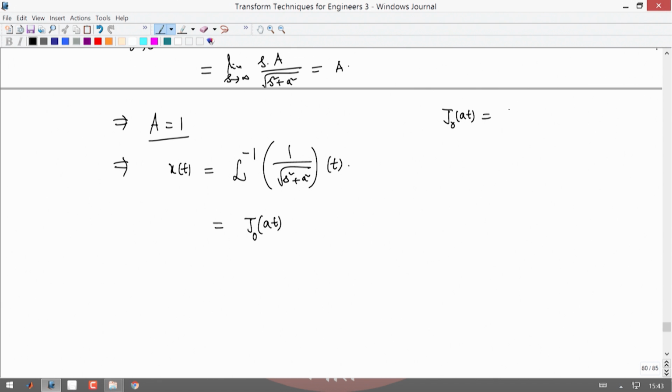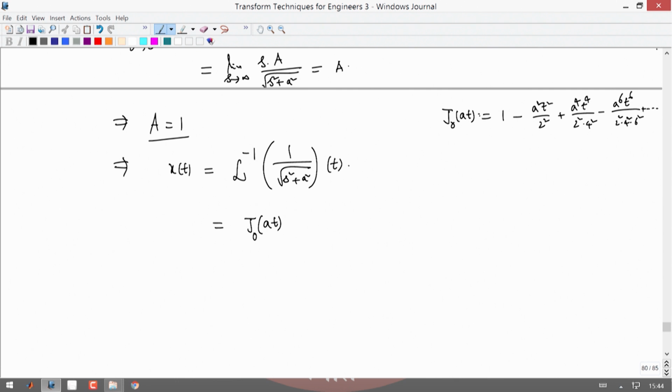J0 of at is a Bessel function whose Laplace transform we can calculate. The actual definition of J0 of at is a series expansion: 1 minus a square t square by 2 square, plus a power 4 t power 4 by 2 square 4 square, and then minus a power 6 t power 6 divided by 2 square 4 square 6 square, and so on.